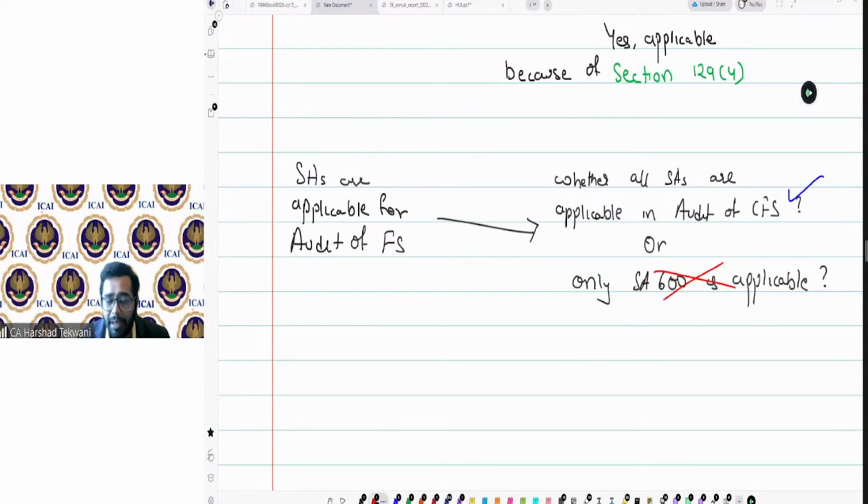Again, SA 600 is also applicable. So if I'm relying upon the work of another auditor, a component auditor, then I need to make sure that his work is adequate for my purpose. If he's not a member of the institute, then I make sure that the method, logic, and the competency and skills that he possesses are necessary and adequate for my purpose. So all these things are required to be complied with when I'm doing audit of consolidated financial statement.